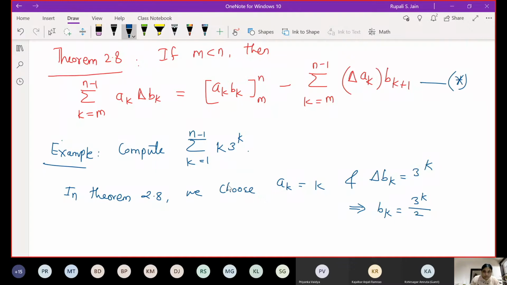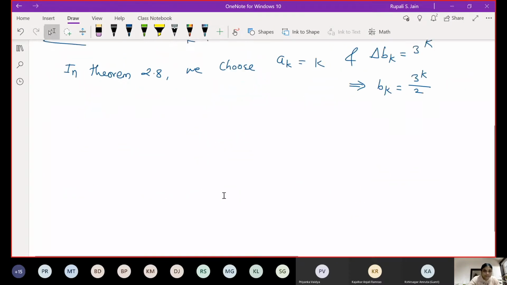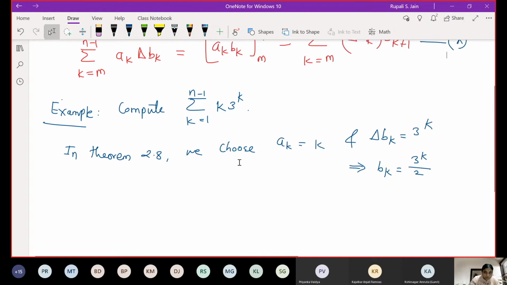So from star we get, using star we get, the summation k equal to 1 to n minus 1.